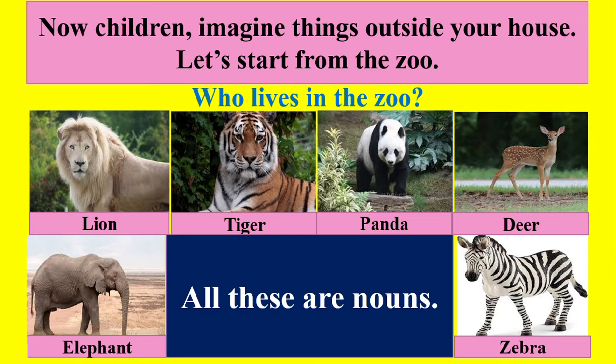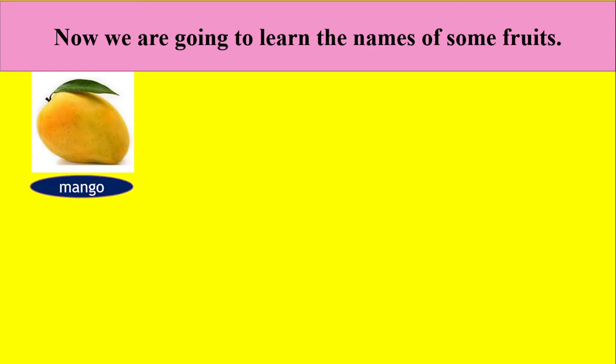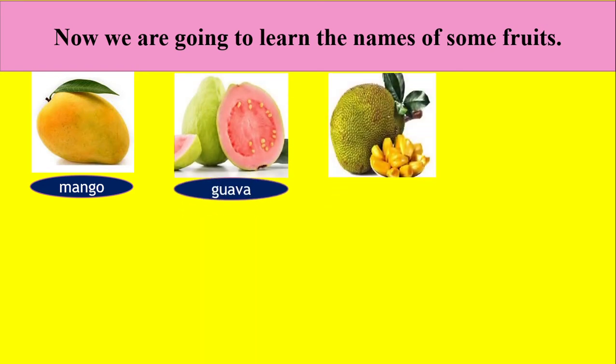So students, all these are nouns because lion, tiger, panda, deer, elephant, zebra, all these are the names of the animals. Now we are going to learn the names of some fruits. Okay? Here is an image of a fruit and its name is, yes, mango. This one, guava, and this is called a jackfruit.